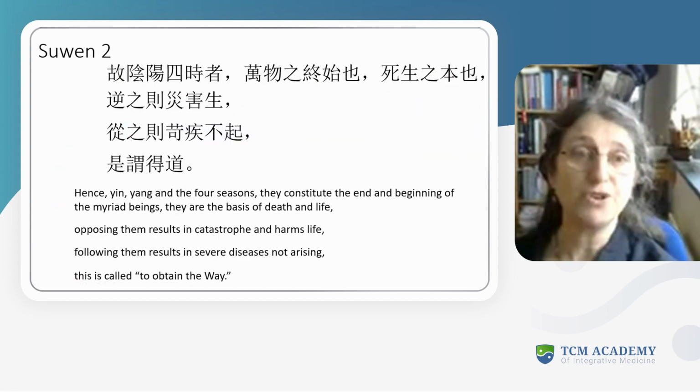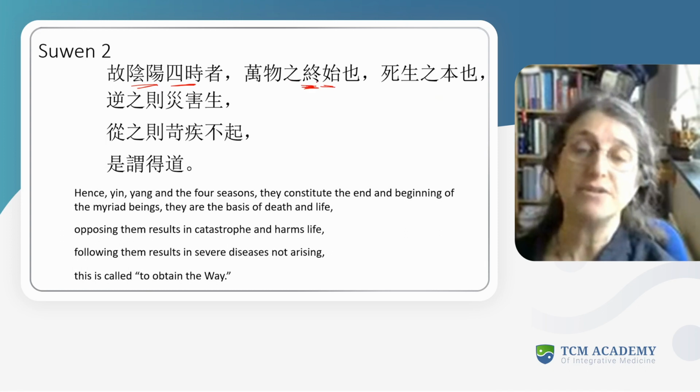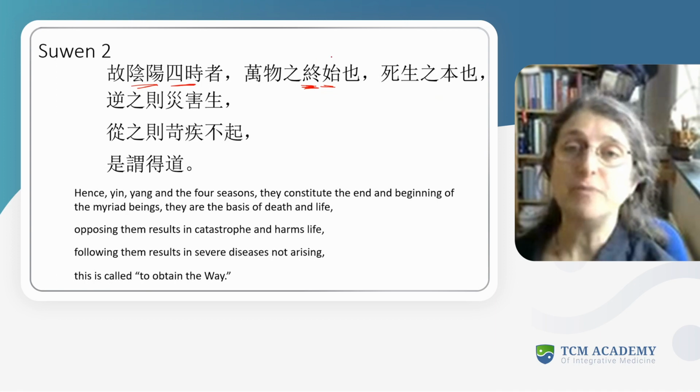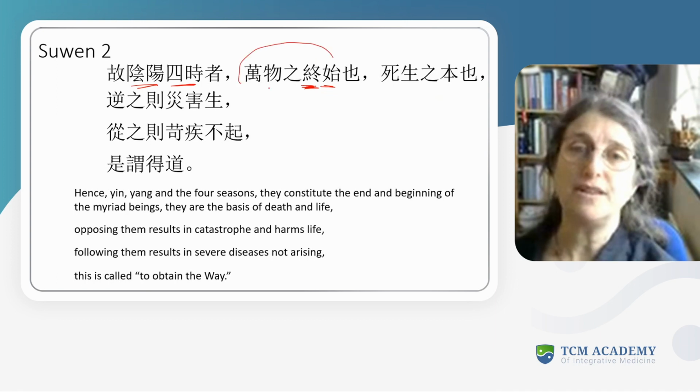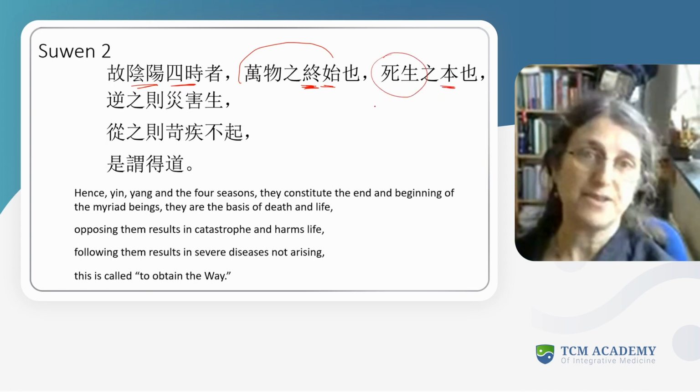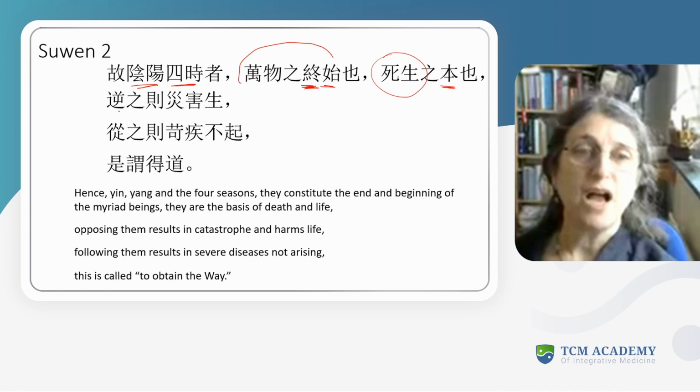And here's another one from Suwen 2. Obviously, I got obsessed with it. Hence, yin yang and the 4 seasons constitute the beginning and end. Look, there's that end character that used to be used for winter. The beginning and end of the 10,000 beings. And they are the basis of life and death. Surprise, that's why we're rabbiting on about yin and yang, because we're in Suwen 2.